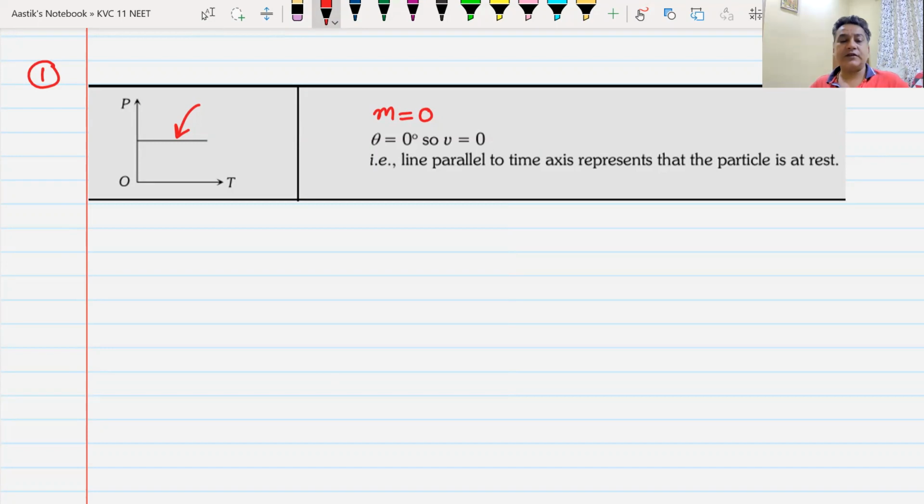What does the slope of position time graph give us, beta?